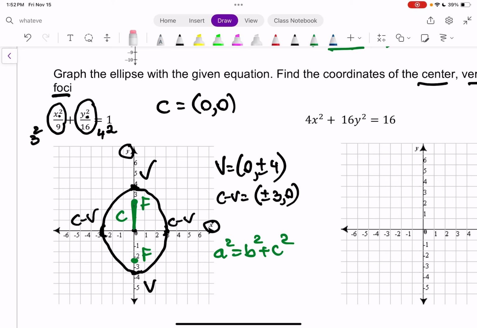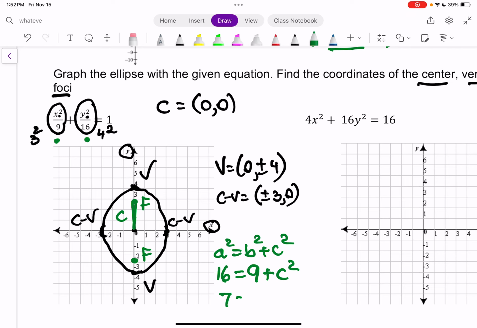So I'll do that. A squared is 16, b squared is 9, and the way I know this is, again, right here under x squared and y squared are a squared and b squared. A is always the bigger number, so a squared therefore is 16, and b squared is 9.